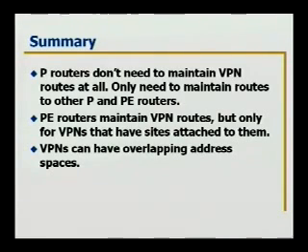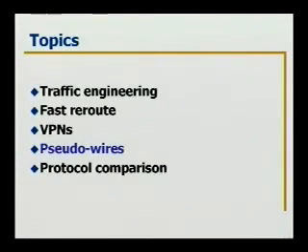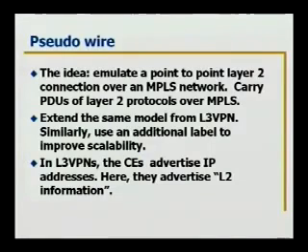Okay. So now, can I take this same concept and expand it from layer 3 to layer 2? There's nothing in the model that I showed so far that would prevent me from doing it. So in the L3 VPN model, what I had was that I had the remote PEs advertise IP addresses and VPN labels.